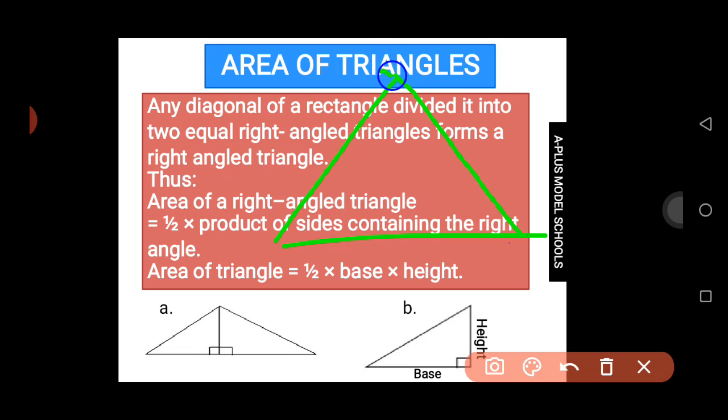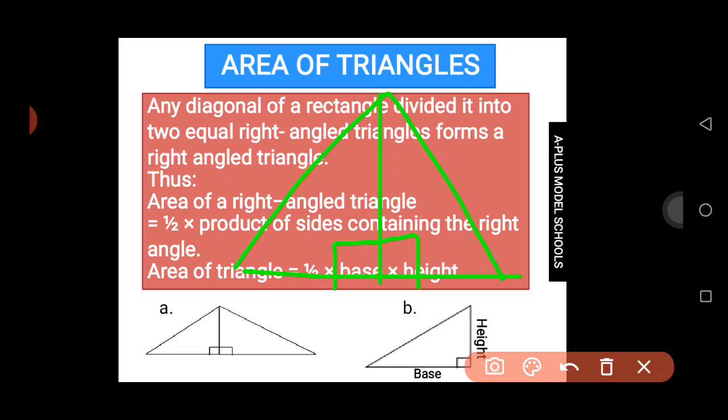when you divide this triangle into 2, you will see that it will give you 2 right angles.